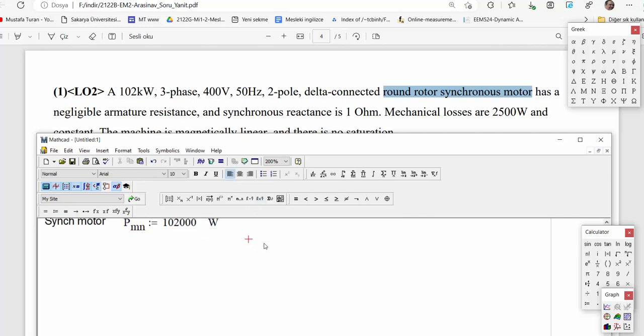Since it is given in 3-phase, line-to-line voltages are always given in 3-phase systems. So line-to-line voltage is 400 volts, 50 Hertz, and 2-pole. 2-pole means there is only one pair of poles, and round rotor, or cylindrical rotor machine, is under observation.